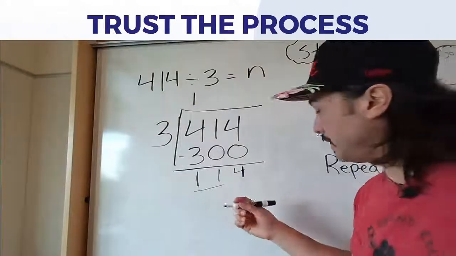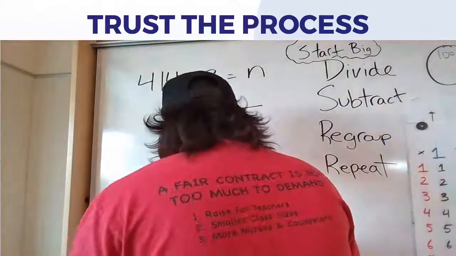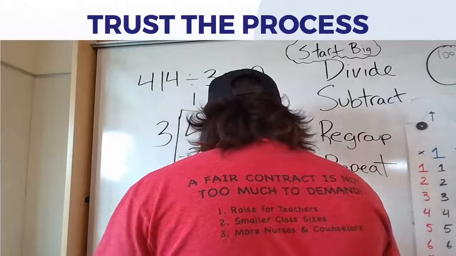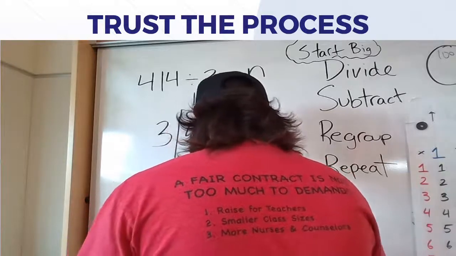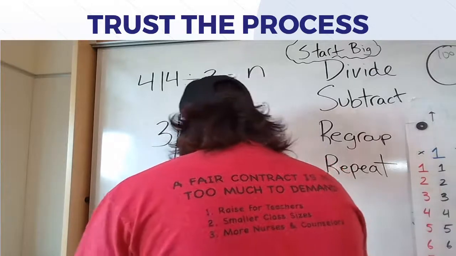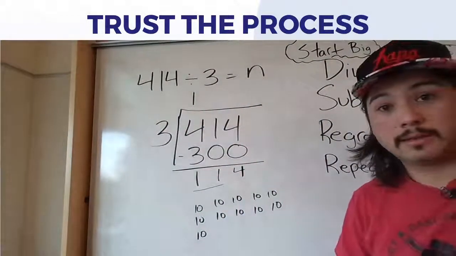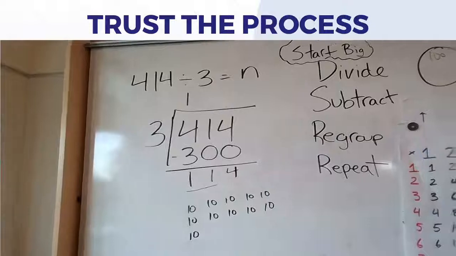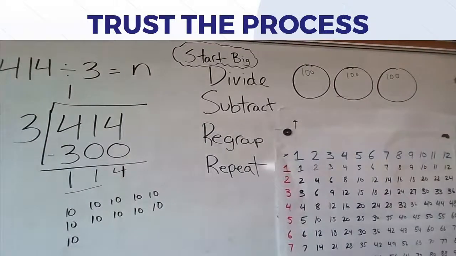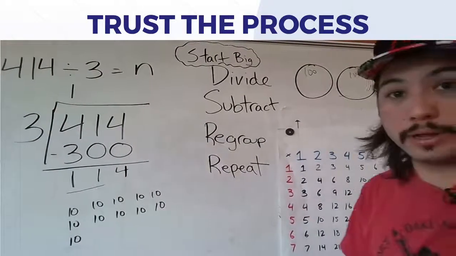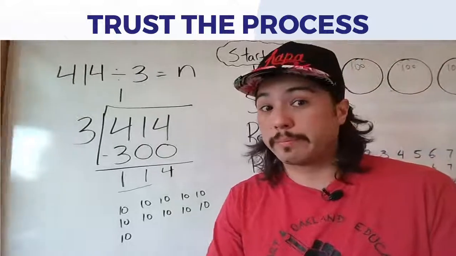So if I have 11 tens, 3, 4, 5, 6, 7, 8, 9, 10, 11. If I have 11 tens and I want to put them into 3 groups, or I want to make groups of 3, how many can I put in evenly before I run out?